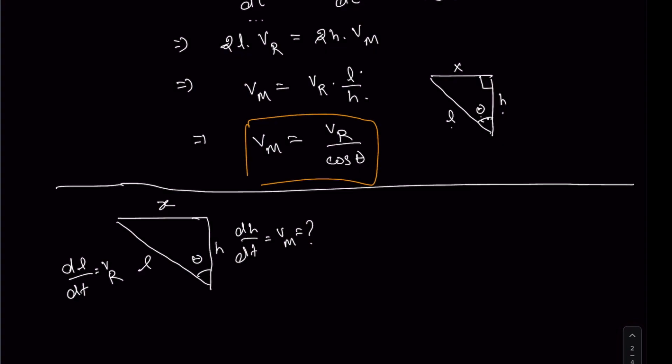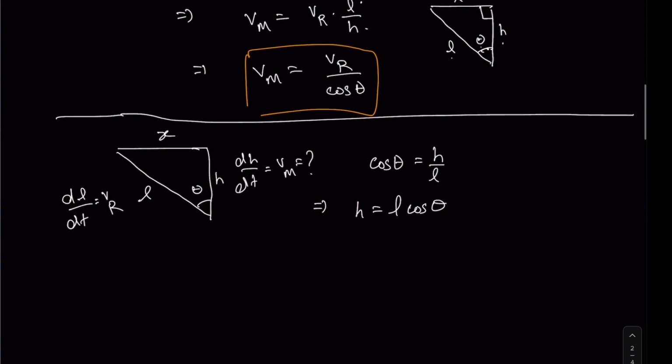We can see from this triangle that cos theta equals h over L. So this implies that h equals L cos theta. Now all the three quantities in this equation, h, L, as well as theta, change with time. As the block goes up, L changes, h changes, as well as theta changes.